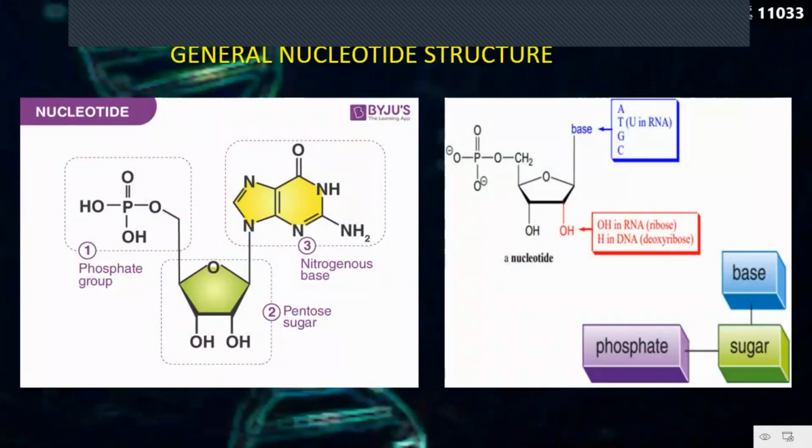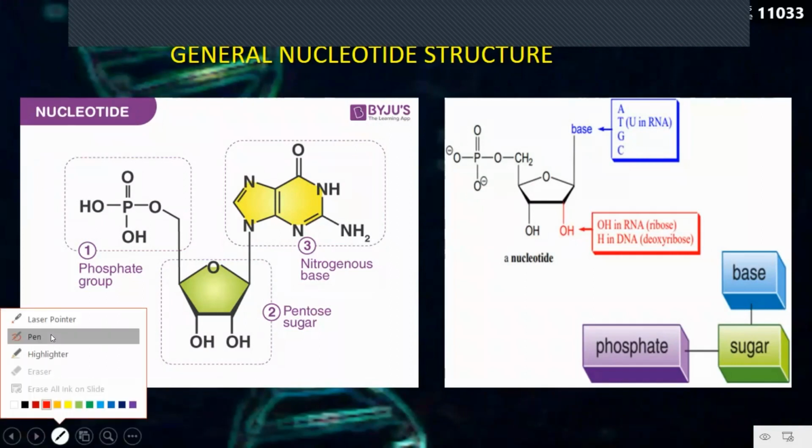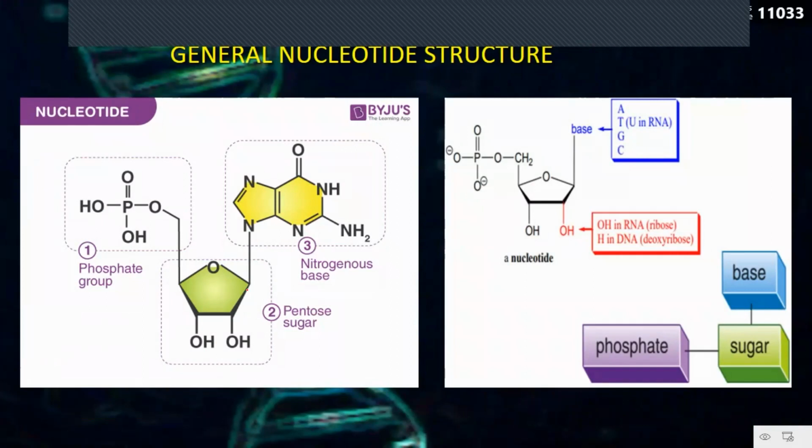Our nucleotide has these three components. The image here is actually an RNA. Why do I say that this is RNA? Because the pentose sugar is ribose. Remember this: deoxyribose, which we discussed in carbohydrates, is missing one hydroxy group.